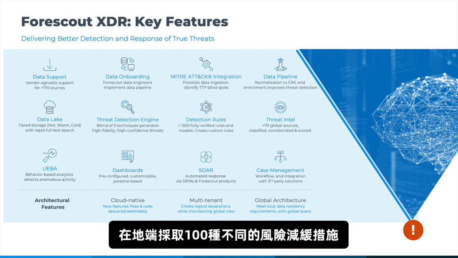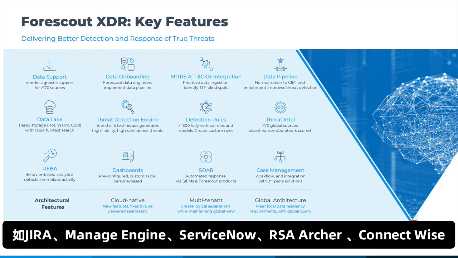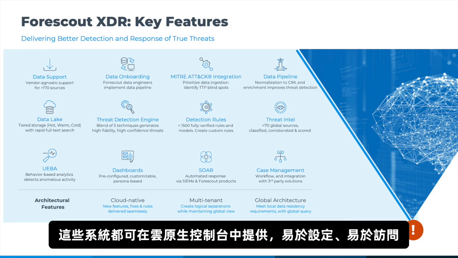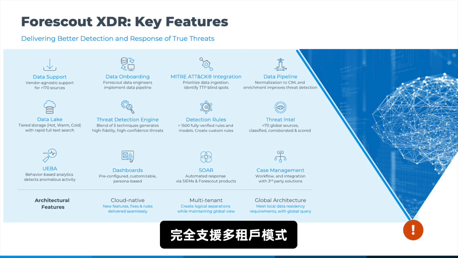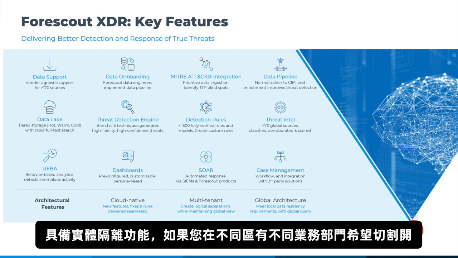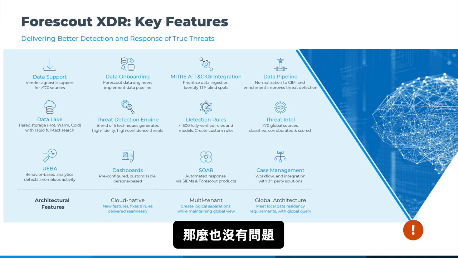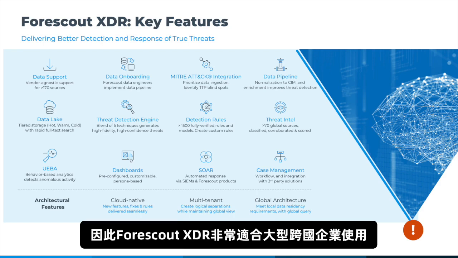Built-in case management system that can connect with Jira, ManageEngine, ServiceNow, RSA Archer, ConnectWise, you name it, all the popular systems. All provided in a cloud-native console that's easy to set up, easy to access, fully multi-tenant, so if you have business units in various different geos and want to break those up, yet have a headquarters view, you can do that.